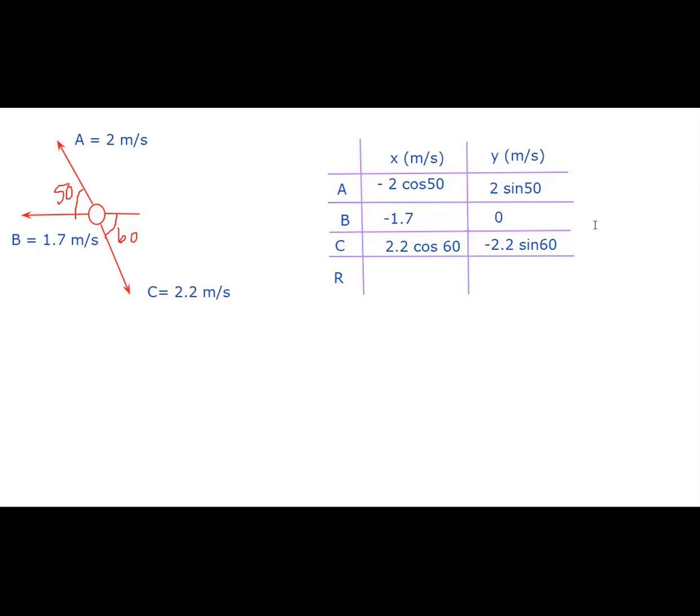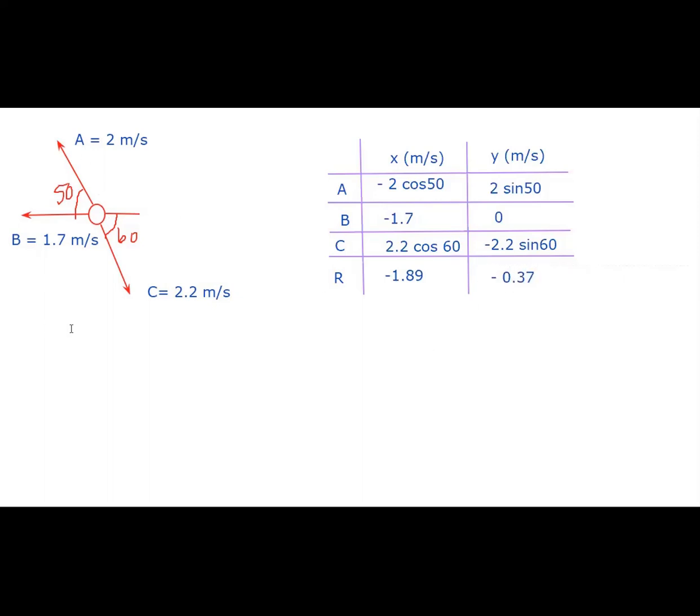I get -1.89 for R X, I should say. And RY, this could be really close to 0. -1.33. That doesn't seem right. Yeah, -0.37. -0.37 sounds better.